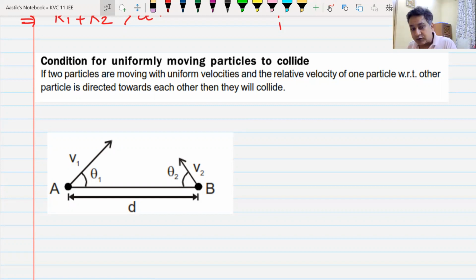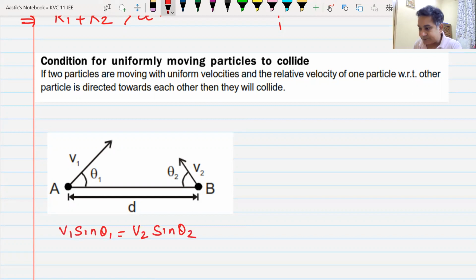What will be the condition for them to meet? The relative velocity should be along the line. Do we understand this? Yes or no? Again, if you apply that condition here, you will get this equation: v1 sin theta 1 will be equal to v2 sin theta 2. Do we understand this? Sir, after how much time will they meet?